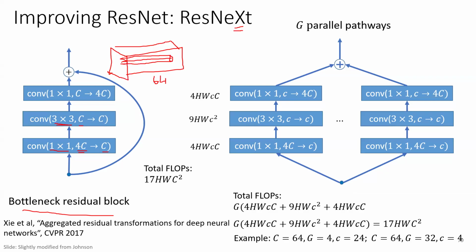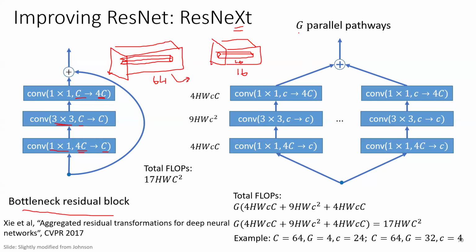But if you reduce this depth of 64 by dividing that by 4 to 16, you can see the size of the convolutional kernel. The 3 by 3 kernel has a depth, okay? That depth is reduced to 16. So this is the advantage of that. You can see that. Then once again, you expand it to 4C channels by another 1 by 1 convolution.